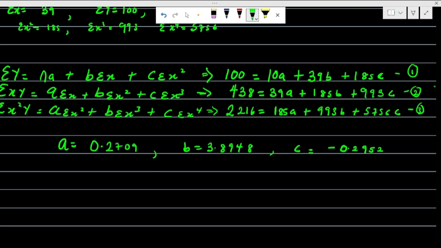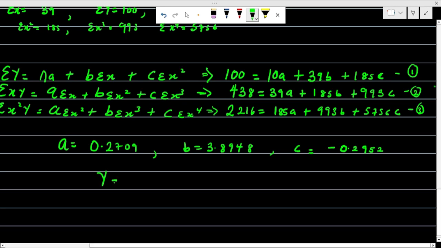Having all of this, we are going to plug them back into our given equation. Don't forget that our given equation is y equals a plus bx plus cx squared, right? Very good. So let's plug it in.